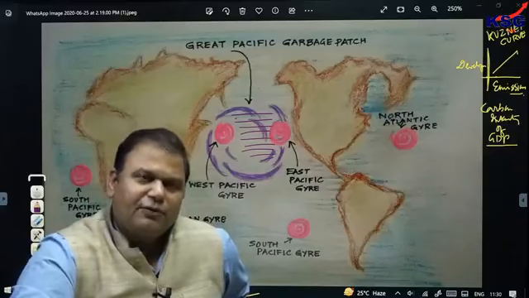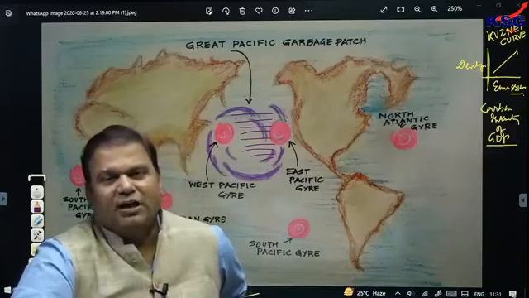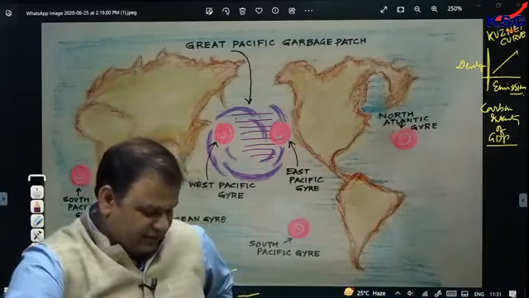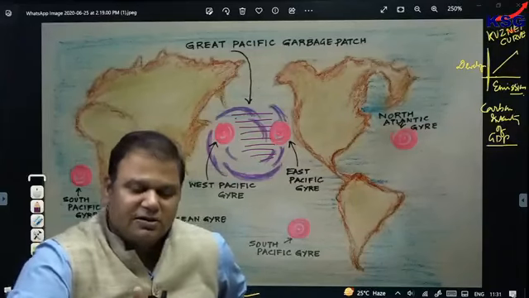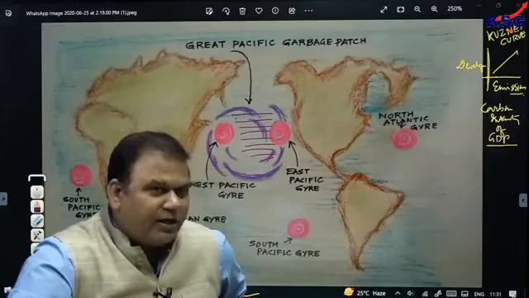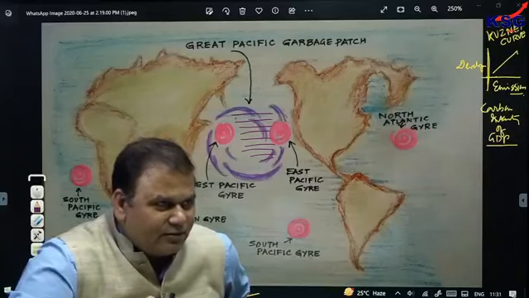Microplastic is also referred to as what? It is also referred to as plastic beads. Microplastic proves to be detrimental. Why? Because it is bioaccumulative in nature.